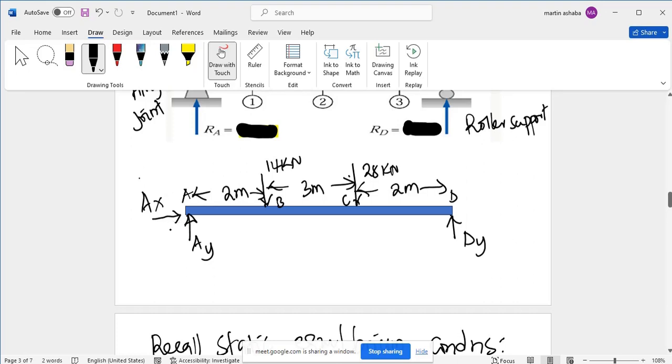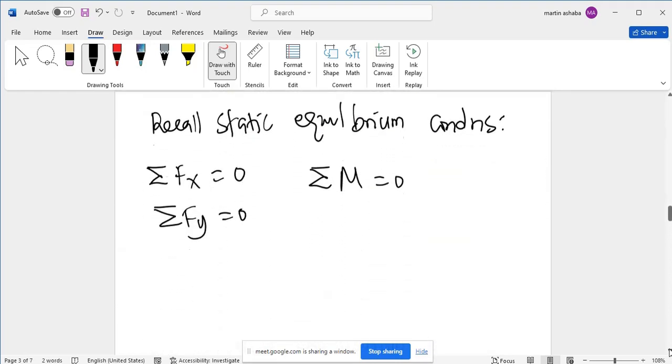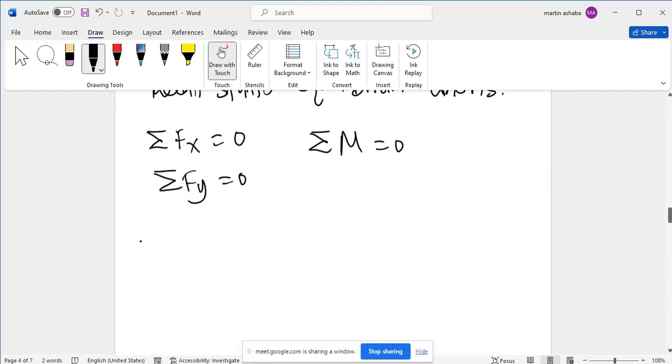If we consider sum of forces in the x direction equal to 0, then the only force acting in the x direction at support A is AX. The other side we don't have any other. So it means AX is equal to 0 for equilibrium conditions. So we say 1, we have sum of forces in the x direction equal to 0. Then we have AX equal to 0. That is 1. We move.